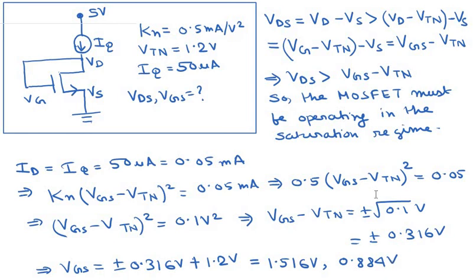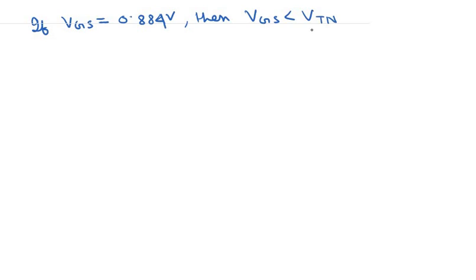Now let us check out which one is the physical solution. We have two solutions and both cannot be physical solutions. If VGS is equal to 0.884 volts, then VGS is less than the threshold voltage of the MOSFET, because the threshold voltage is 1.2 volts.